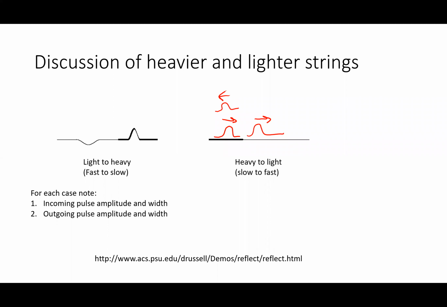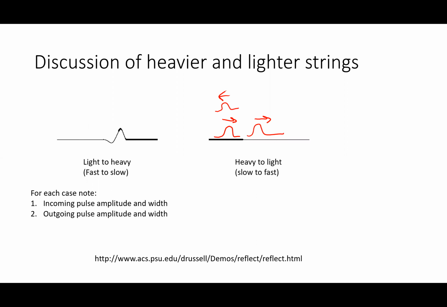This seems like a weird thing to obsess over, but this actually becomes really useful when we start thinking about other kinds of waves, specifically light. We talk about the speed of light being 3 × 10⁸ meters per second. That's the speed of light in a vacuum, but in other materials, light travels more slowly.